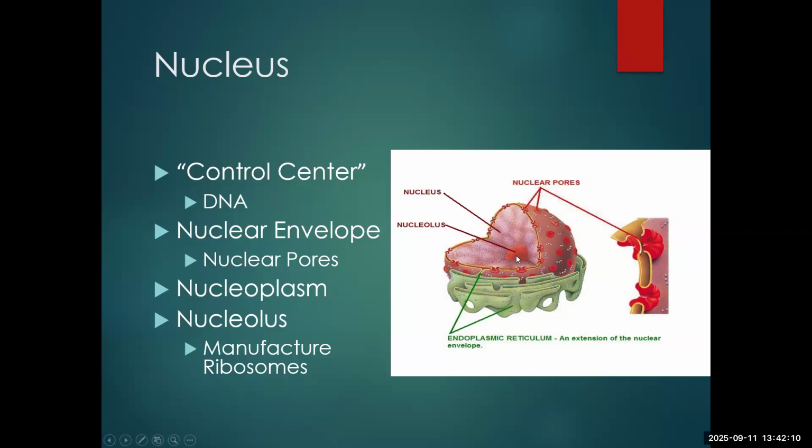But there are partner molecules that can leave, and the partner molecules are RNA. So what can flow in and out of the nuclear envelope is RNA. And RNA is a partner that is structurally similar to DNA, but it does all the work. So it carries out the instructions of DNA.